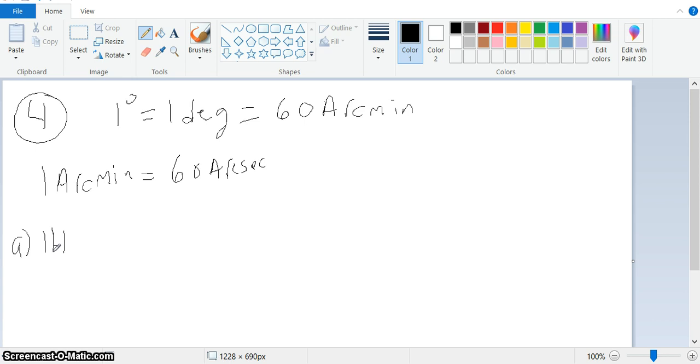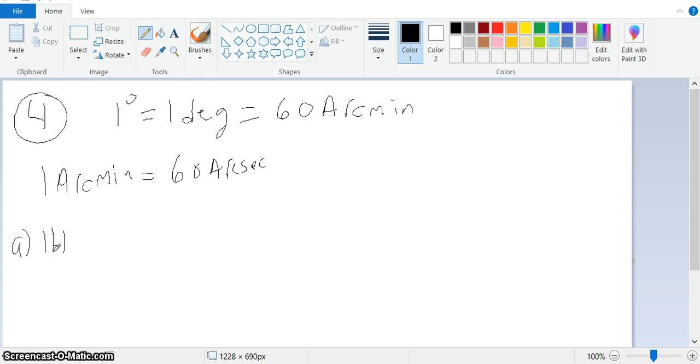All right, so here's the thing. We got to know these conversions. This is really important. We know that there are 360 degrees in a circle, right? That's just defined. All right. It turns out that when you get down to 1 degree or less, it's convenient to break up 1 degree into 60 equal parts.